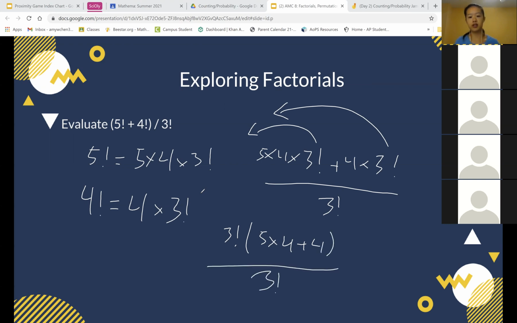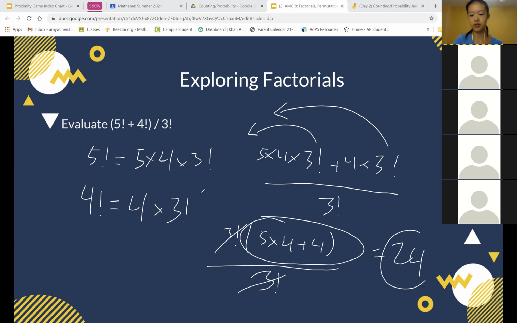Now you can just cancel these out, and you're left with 5 times 4 plus 4. That's pretty easy to calculate: 20 plus 4, which is 24. So that's how you use the distributive property to cancel some stuff out. Make sense?